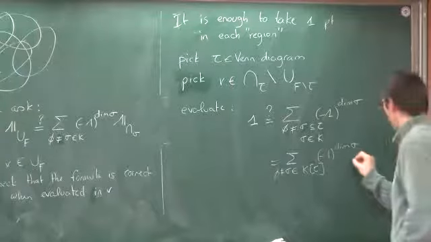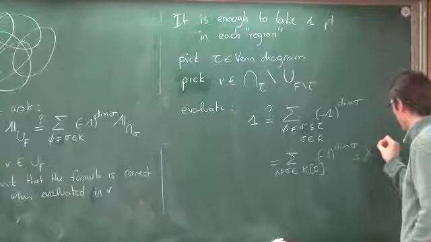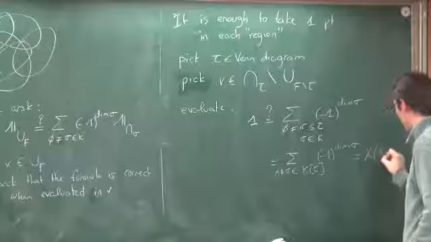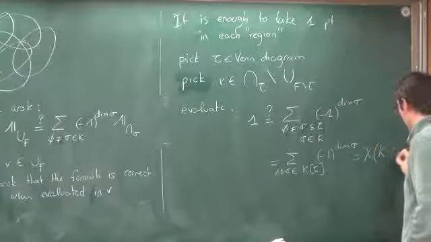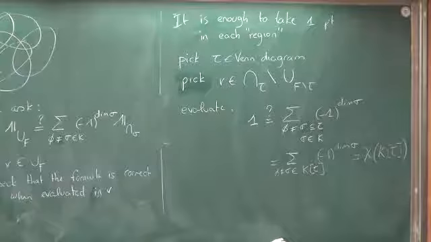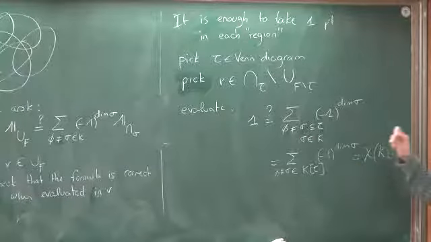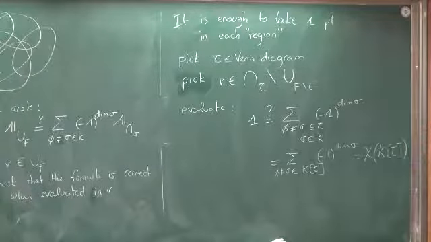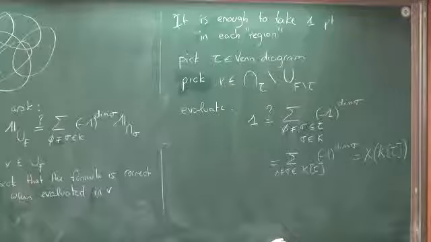And this is simply the Euler characteristic of this induced subcomplex. This is the alternating sum of the number of faces of all dimensions.